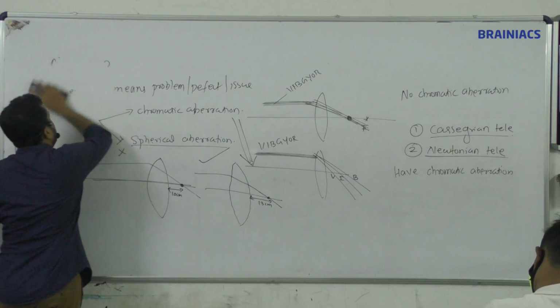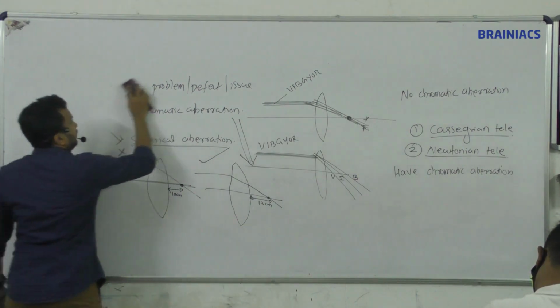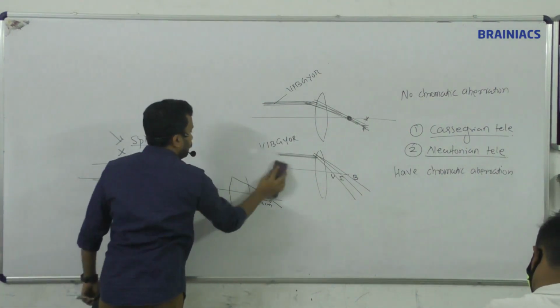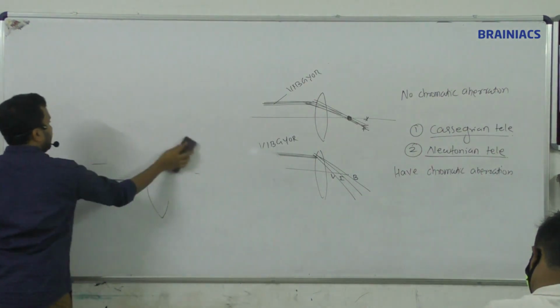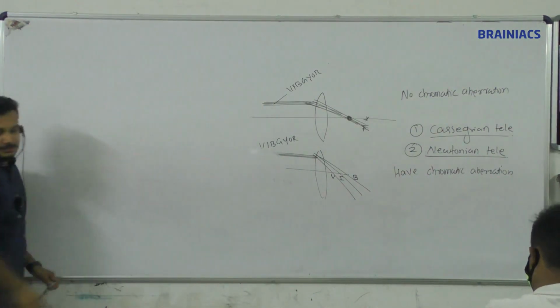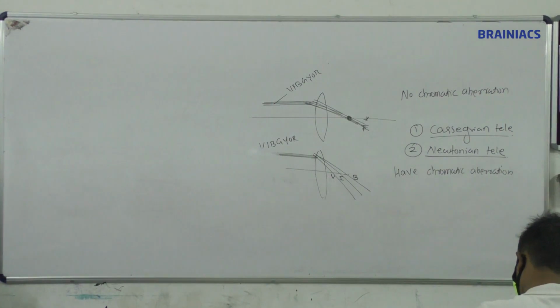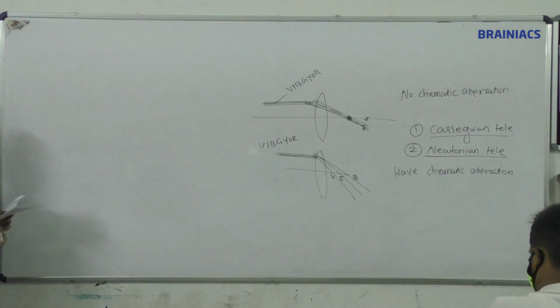This modern telescope is called a reflecting telescope.